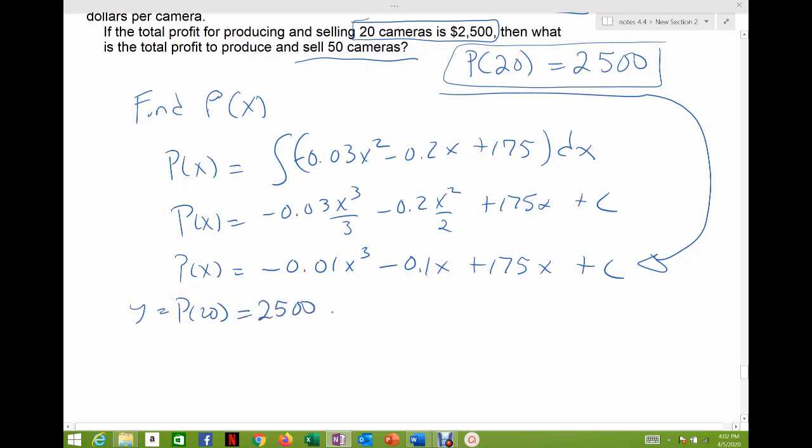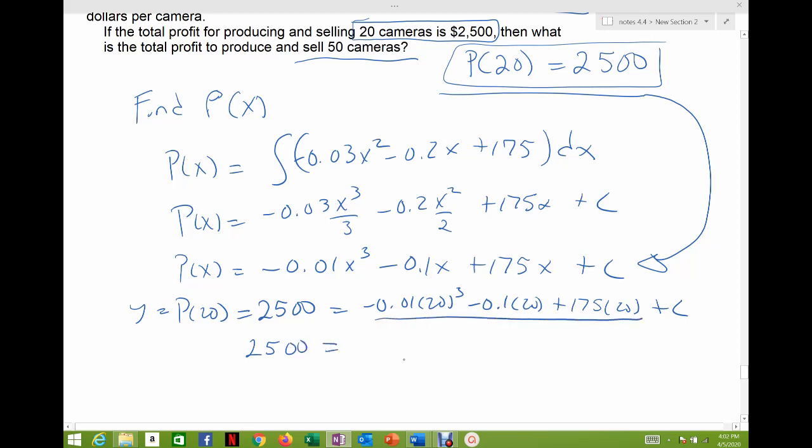That would be the profit that comes out. And so 20 goes in there for x. So 2,500 comes out when I plug in 20. Again, you're going to plug this into the calculator, and it should be a number plus c. Just be sure you're careful when you plug in that 20.